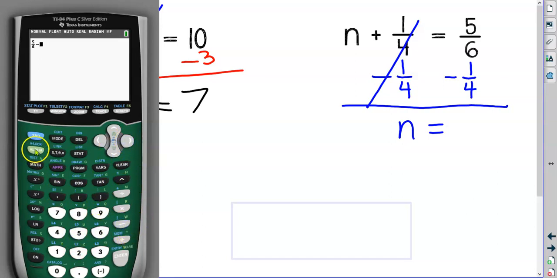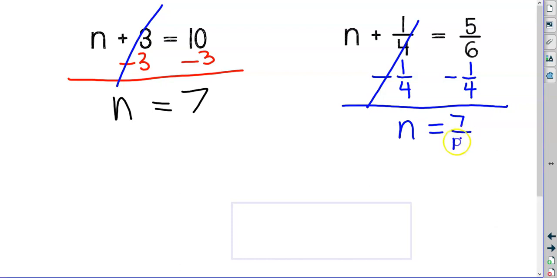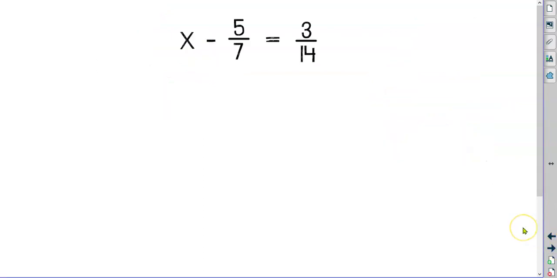And I'm going to subtract alpha y equals another fraction. So the answer is 7/12. And that's it. Let's take a look at another problem.